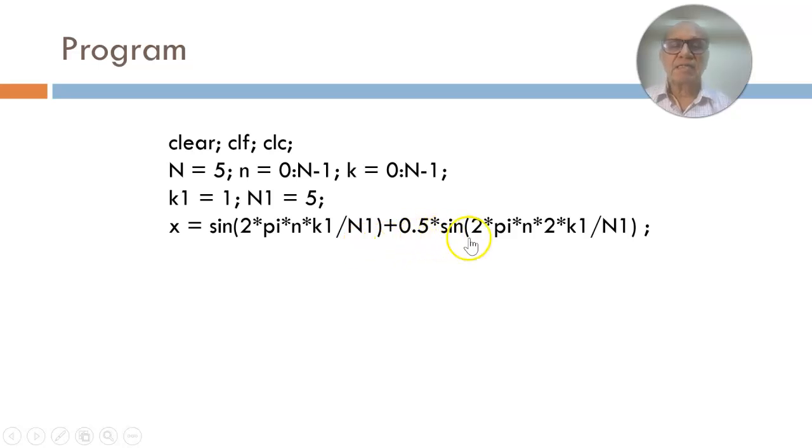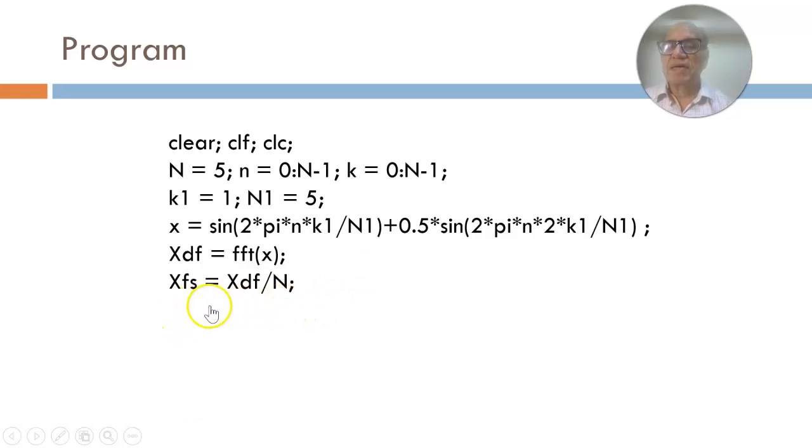And then the second harmonic is 2 times this, so that will be at 0.4. But we are choosing its amplitude to be half the amplitude of the fundamental. It's not necessary, but for illustration, we are choosing different amplitudes. Okay. Then you calculate the discrete Fourier transform by using the FFT function.